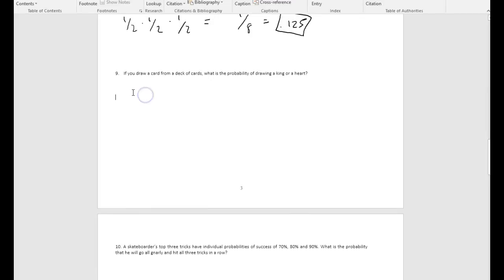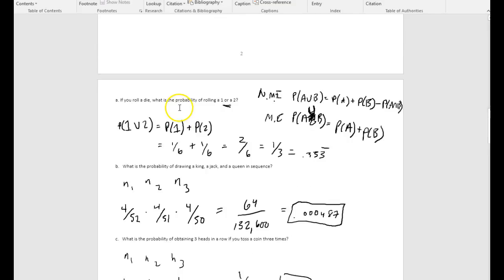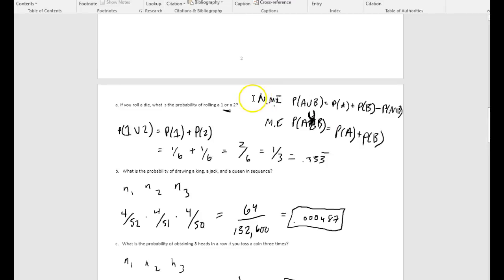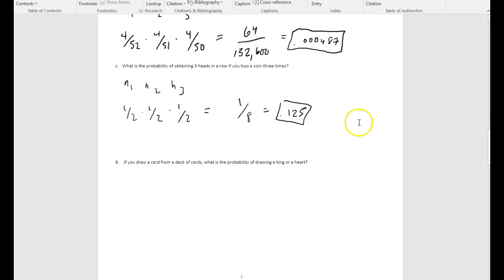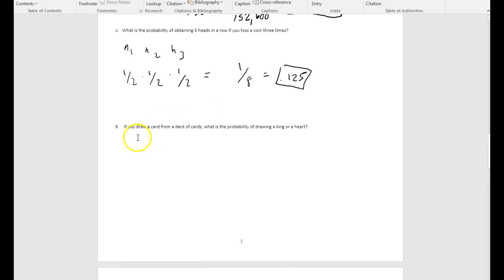If you draw a card from a deck of cards, what is the probability of drawing a king or a heart? Okay, so this is kind of what we talked about up here: the non-mutually exclusive union versus the mutually exclusive union. First off, we notice that the question is asking us the probability of a king or a heart.